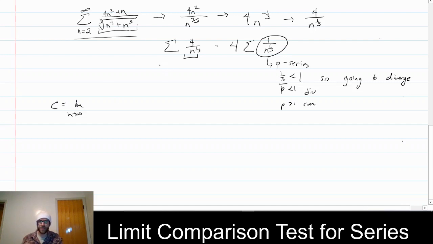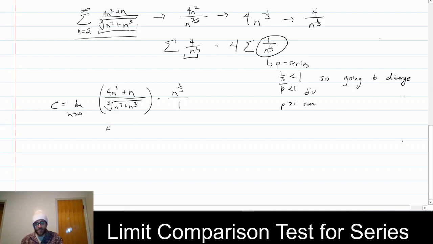If it converges, 4 times the number is just a number. So we'll have 4n squared plus n over the cube root of n to the 7 plus n cubed. And we're technically dividing it by n to the 1 third, 1 over n to the 1 third, but that's the same thing as multiplying it by the reciprocal. So we can say that's times n to the 1 third over 1.